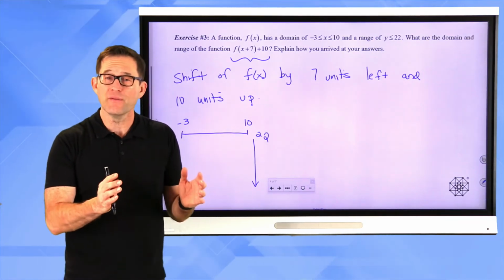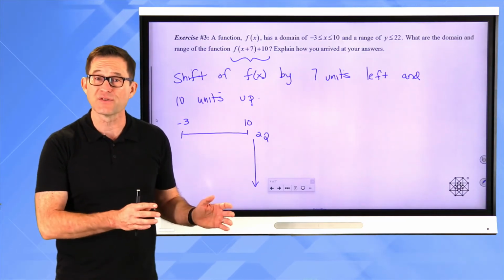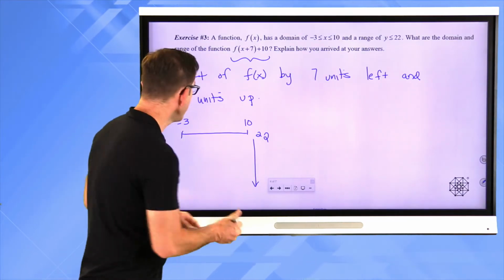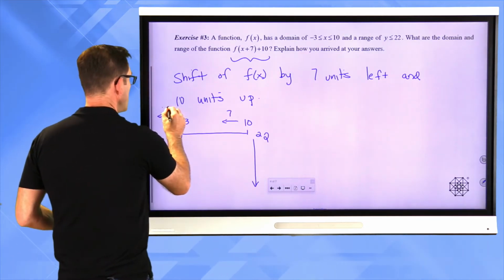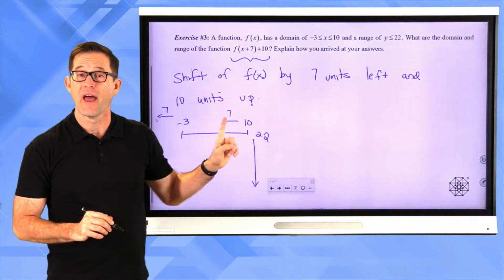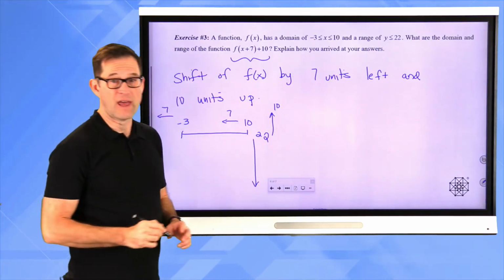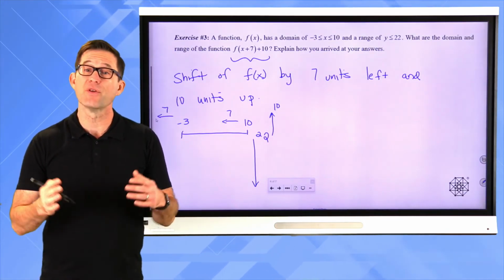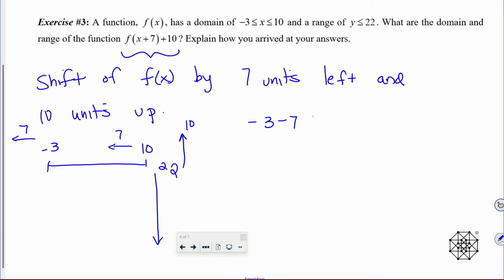Now, when we shift the graph of the function, we shift the box within which it lives. So we're going to take all of these things and shift them 7 units to the left, and then we're going to shift this 10 units up. So the new domain will literally be negative 3 minus 7 is less than or equal to x is less than or equal to 10 minus 7.